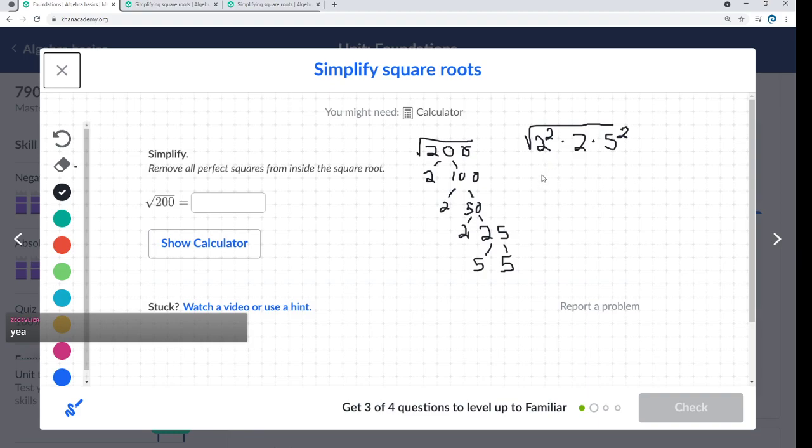Okay. So basically what we come down to is this, right? 2 square root of 2 times square root of 2 times square root of 25. Is that where we get to?